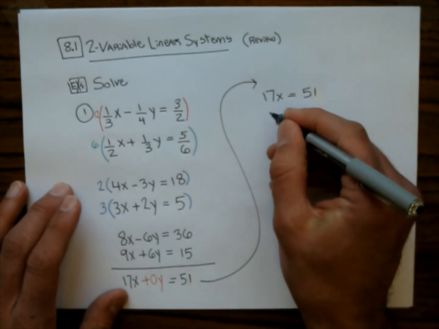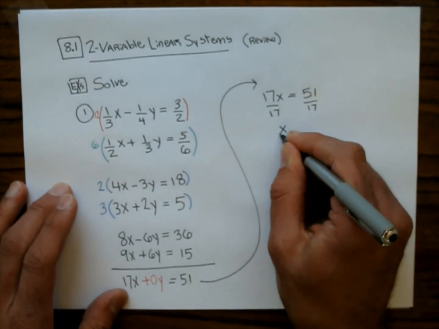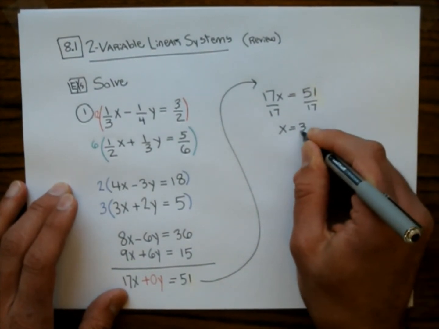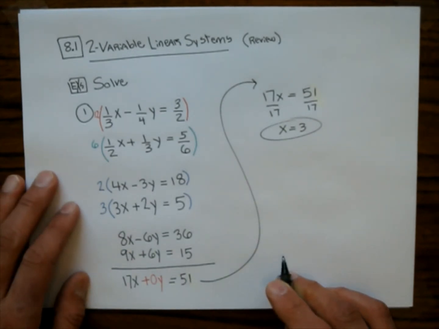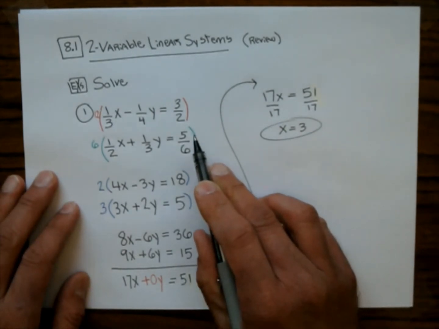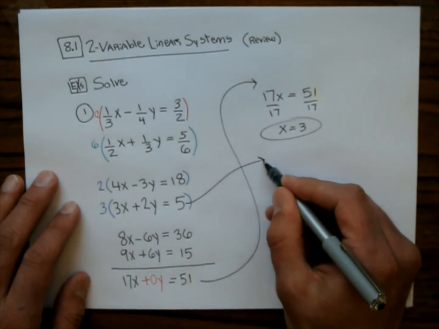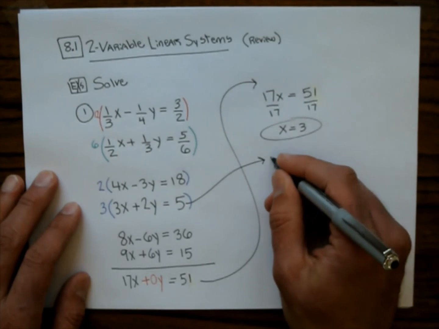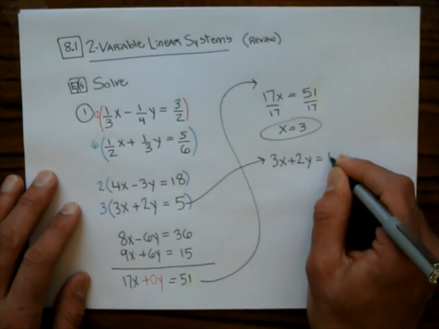Okay, so now I'm going to divide both sides by 17. I end up getting x is 3. But I'm not done. I have to figure out what y is. So I'm going to plug this x back into one of these equations. I'll plug it into this equation before I hit it with the 3. So this is 3x plus 2y equals 5.